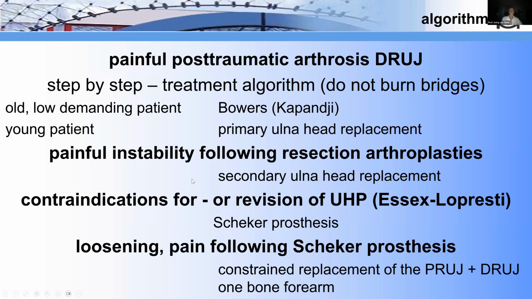If the Scheker prosthesis loosens or has major problems, then the only salvage is one bone forearm, or, and I don't want to go in depth to that, a constrained replacement of the proximal and distal radioulnar joint. But this is something for the future. I'm going to tell you if I have more experience with that.